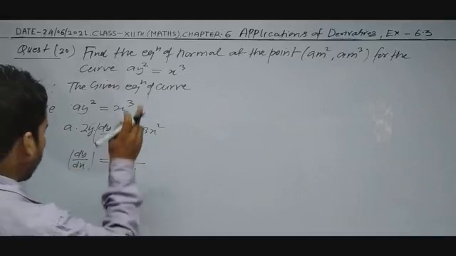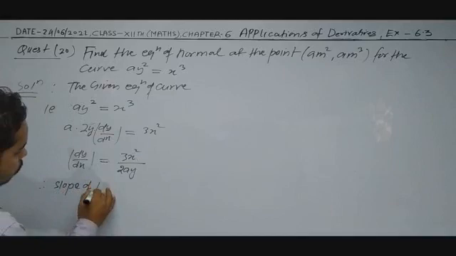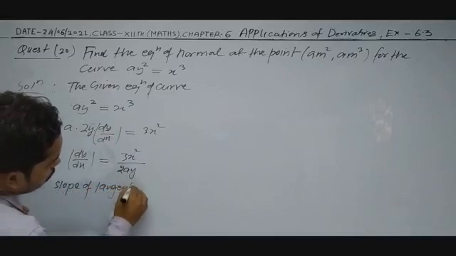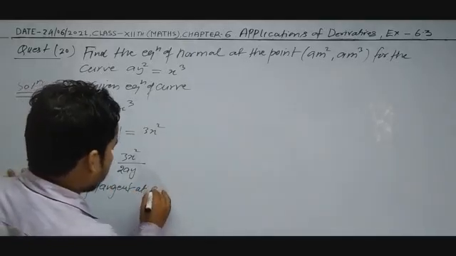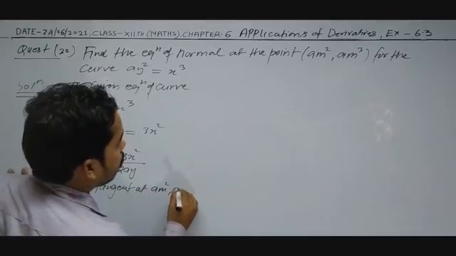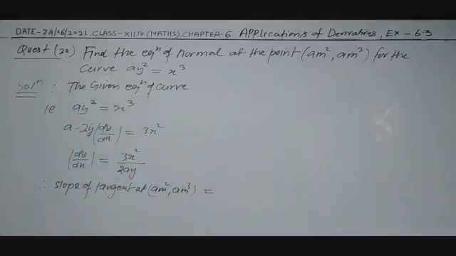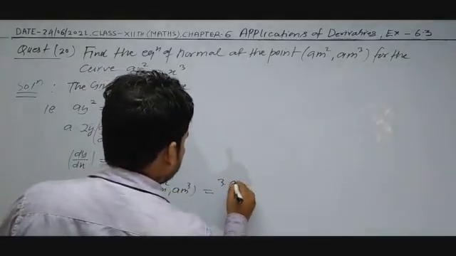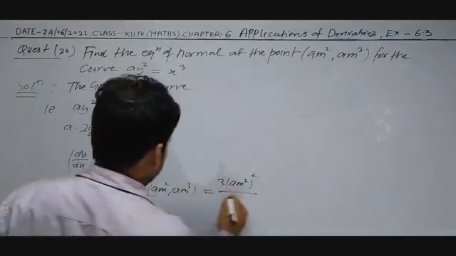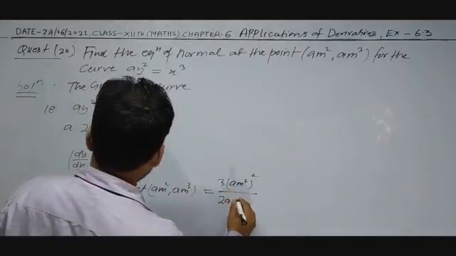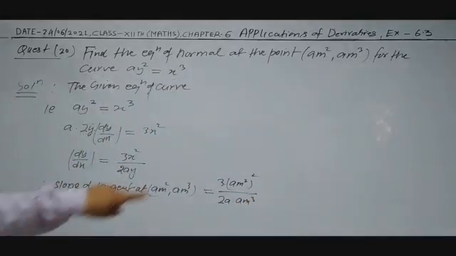And dy by dx is the slope of tangents. Therefore the slope of tangent at (am square, am cube) will be equal to 3 times (am square) power 2 whole upon 2a times am cube. So what will be the result?